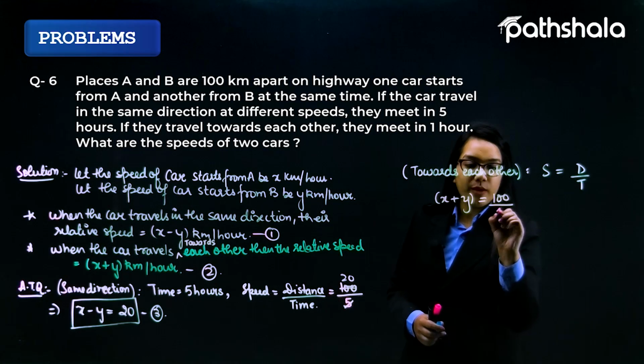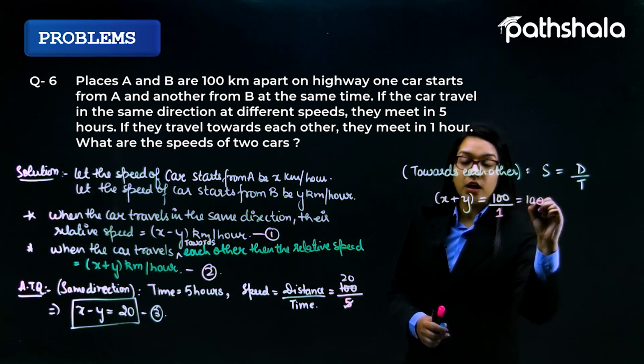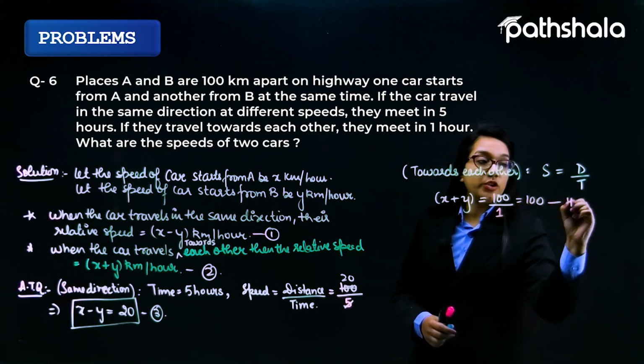It means it is 100 by 1, which is again 100. So let us suppose this is the equation number 4.